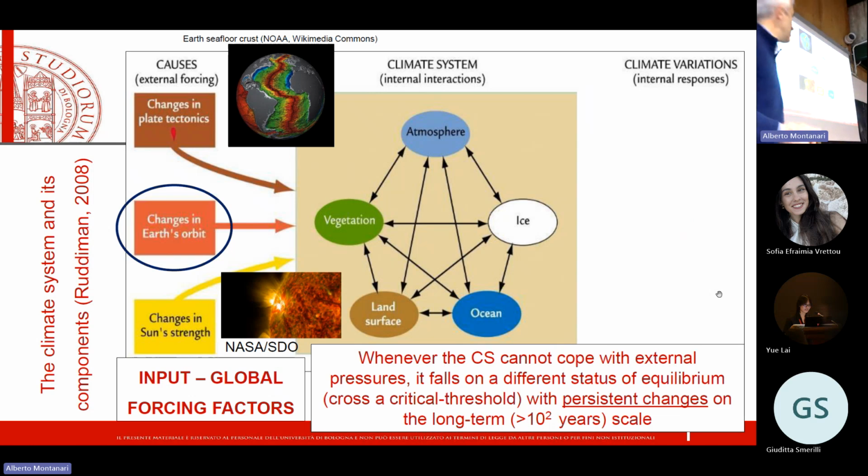Another explanation, and I jump down to the yellow rectangle, is changes in the sun's strength. So sometimes we heard scientists saying that changes in the sun's strength are not an explanation of current global warming. This is certainly not true. I mean, we still know little of sun dynamics, and maybe it's even not predictable.